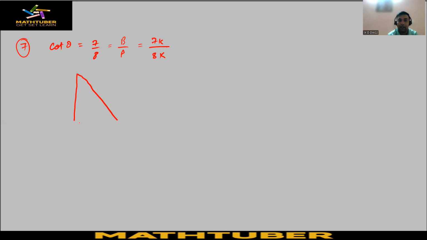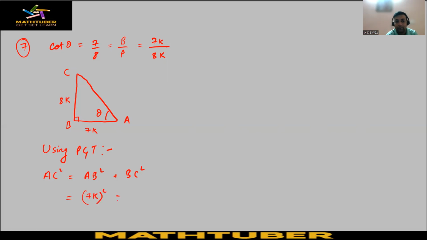Now form a triangle here and take this angle as theta. Let us say this is ABC. According to angle theta, base is AB, so it will be equal to 7k, and the perpendicular is 8k, which is BC. So using Pythagoras theorem, AC square is equal to AB square plus BC square, which is equal to 7k square plus 8k square.